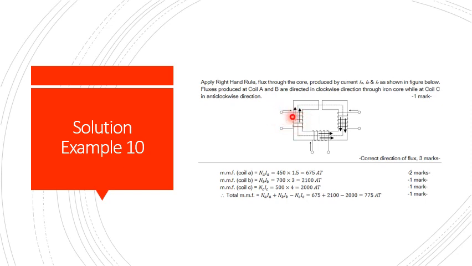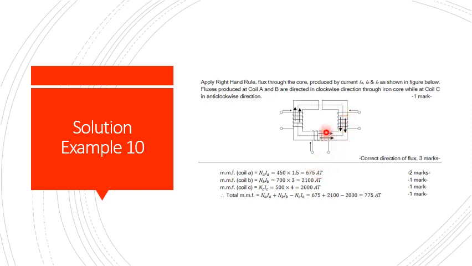We can see that when the current is entering this point, the flux is upward. For the second one here, when the current enters this coil at this point, the direction of flux is down.